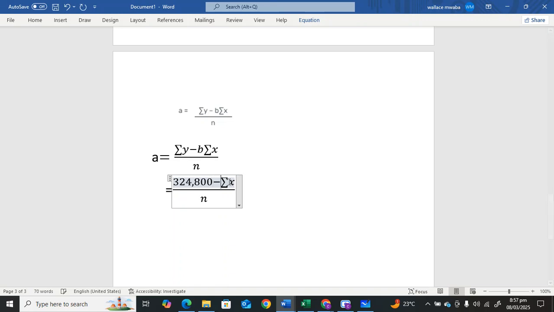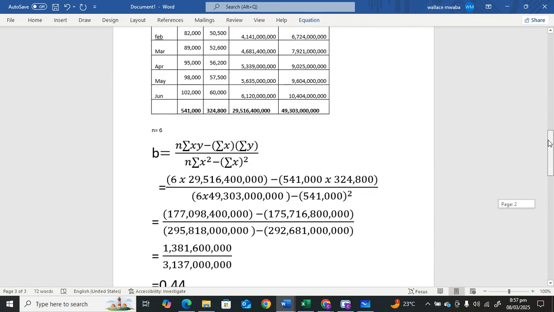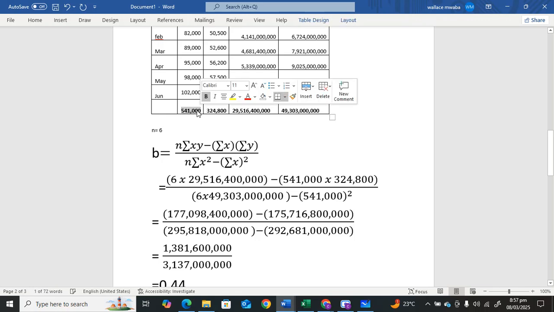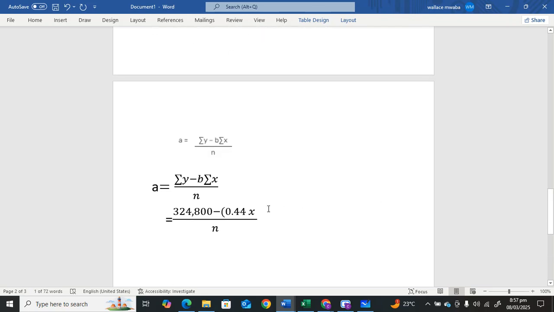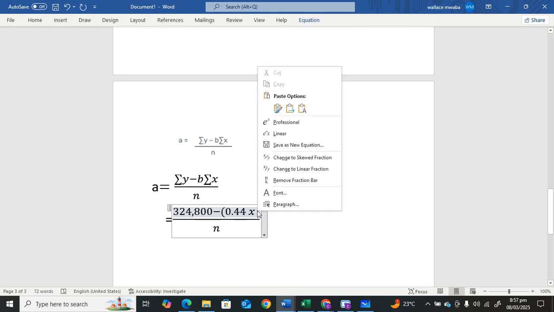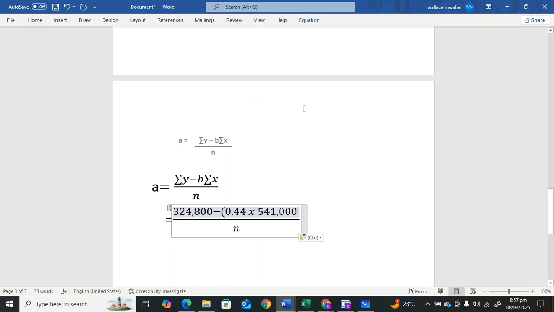B is 0.44, multiplied by the summation of x, 541,000, divided by n, which is 6.